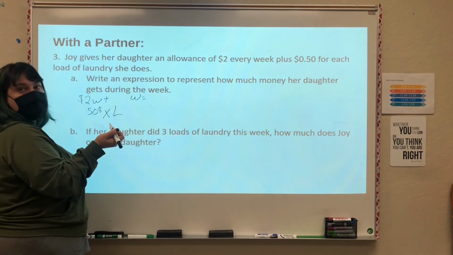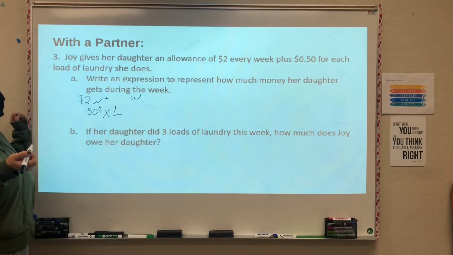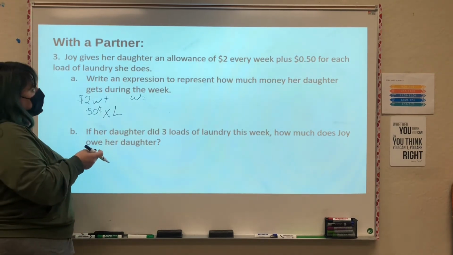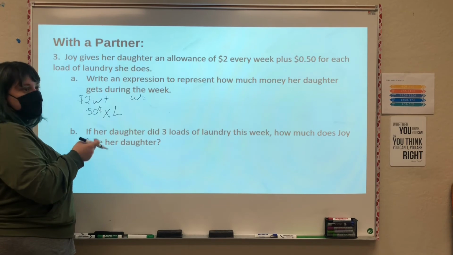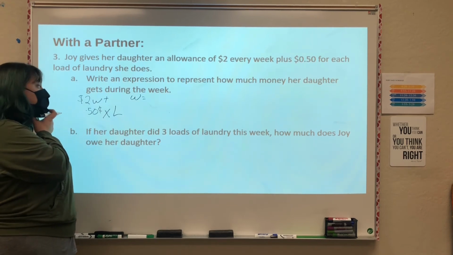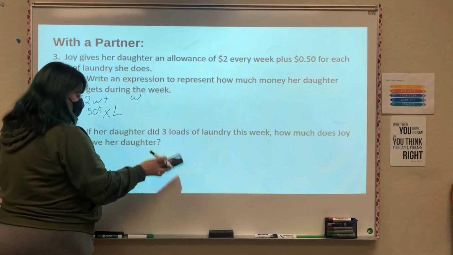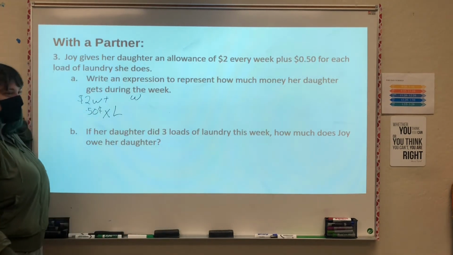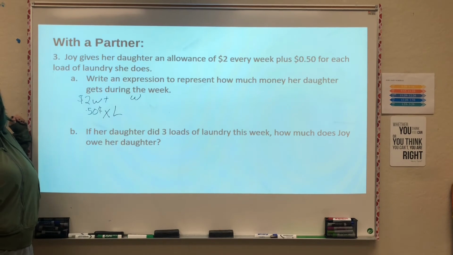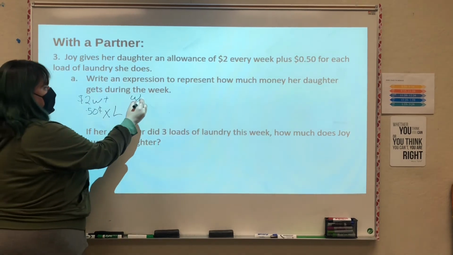What would you be multiplying that $2 by? W. Times X. We already used W. We don't need another letter. Give it to me in words. If I say you're getting $2 every week, that means you're multiplying the $2 times the number of weeks. There we go.